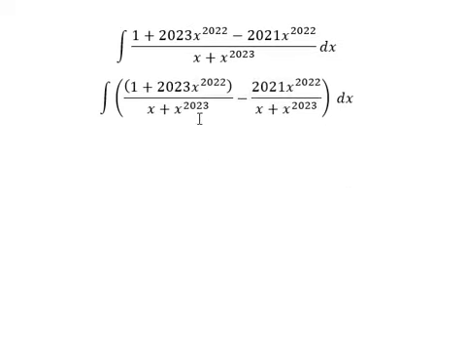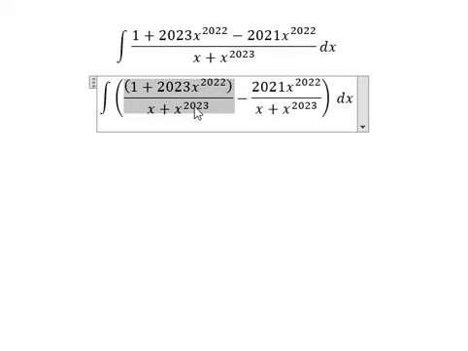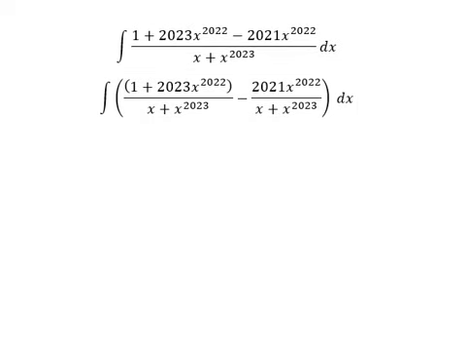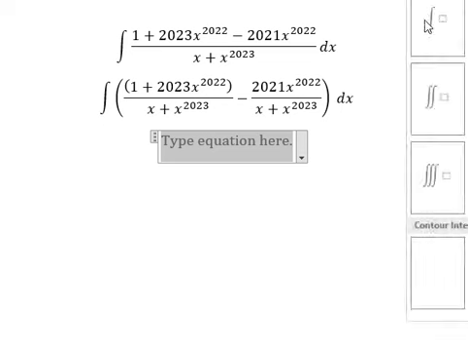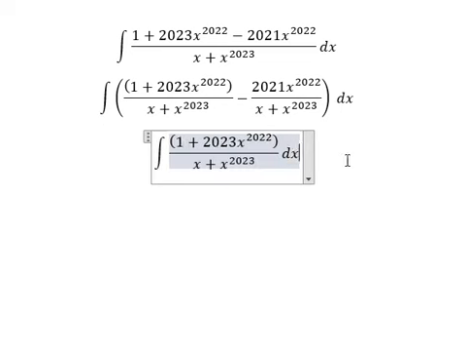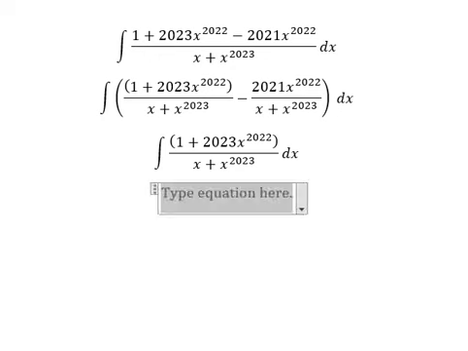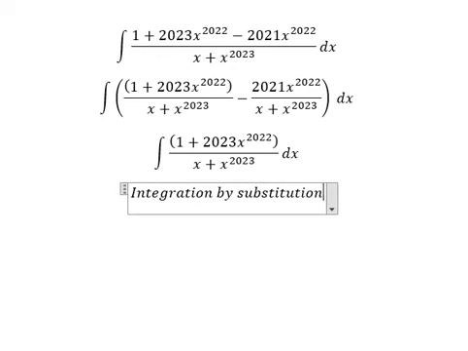So we need to consider this one. We can use integration by substitution.